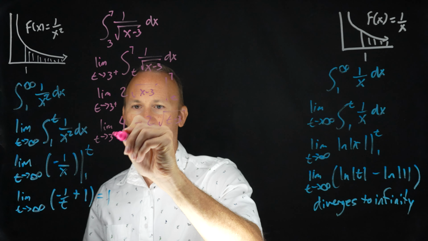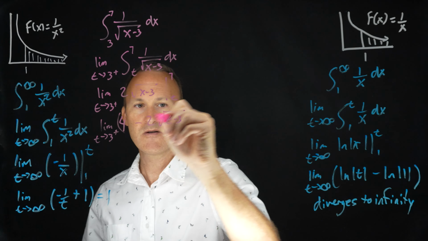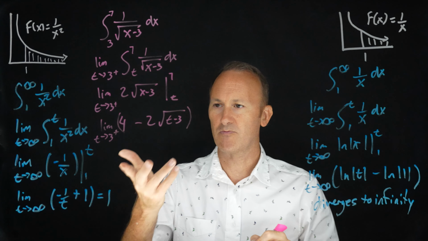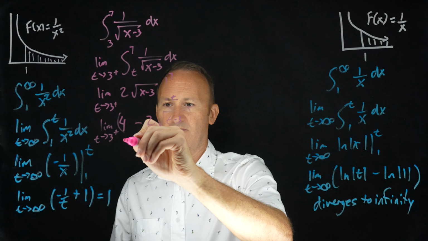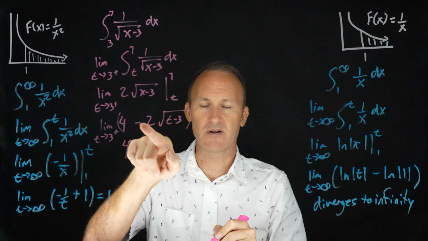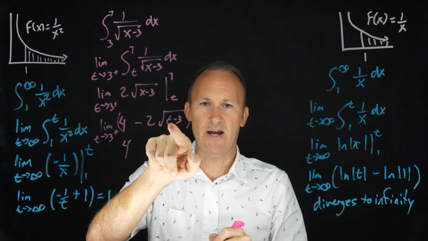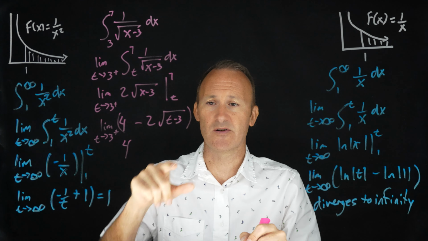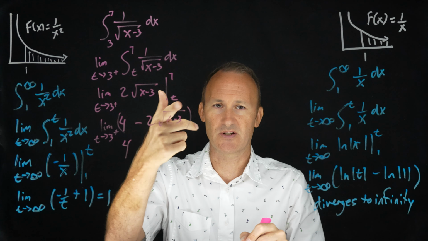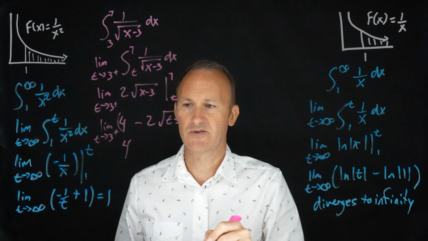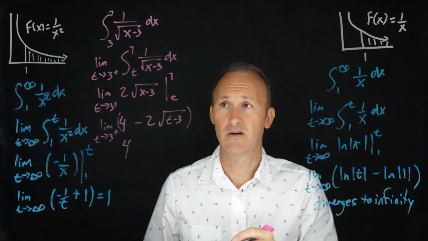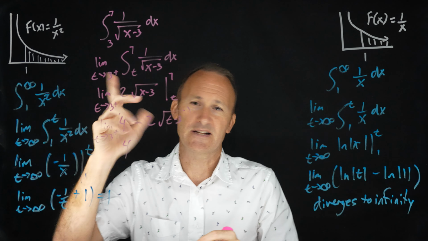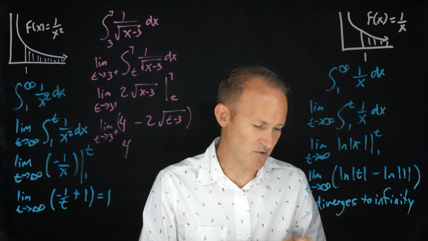But now it's pretty straightforward because this is just 4. And this second term, if t approaches 3 from the right, you can plug in 3 here. It doesn't matter right or left. It's just 0. Square root of 0 is 0, and minus 2 times 0 is 0. So it is just 4. So that's a similar example.